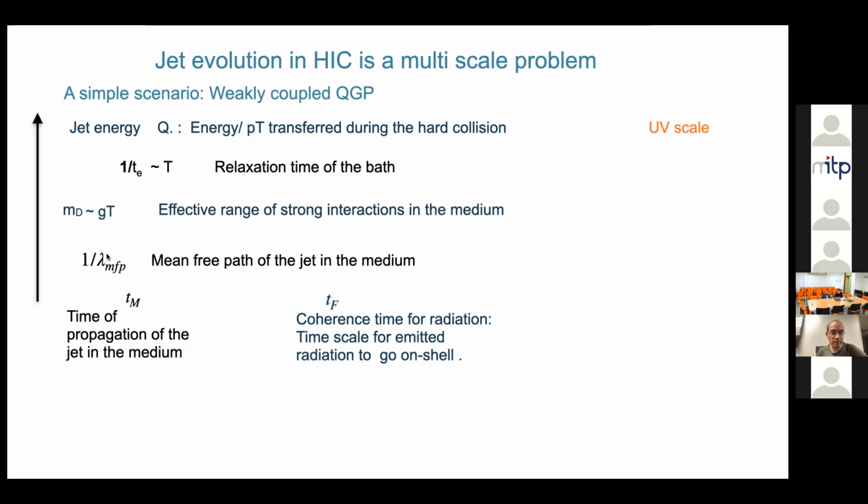The comparison between m_D and the mean free path lambda will tell you whether or not you can treat the medium as independent scattering centers. If the mean free path is larger than 1 over the m_D scale, you can treat the scattering centers as independent, at least on the medium side, not necessarily on the jet side.